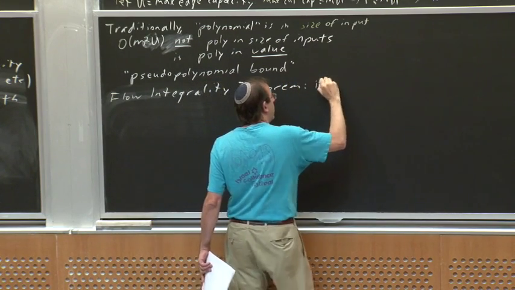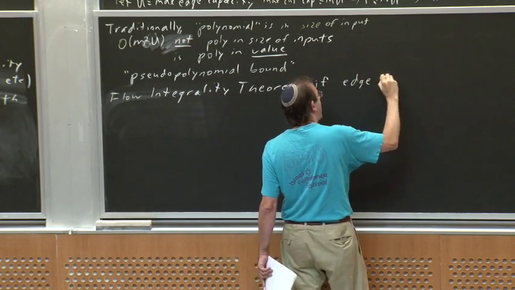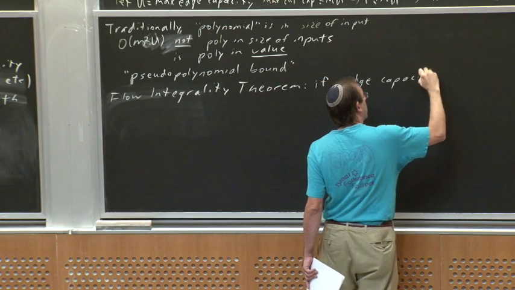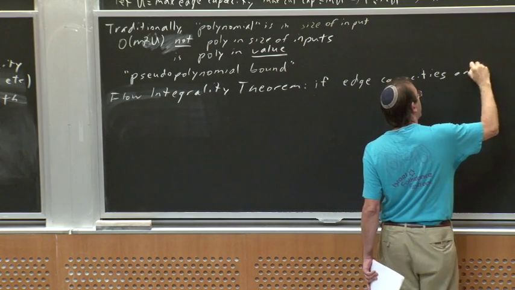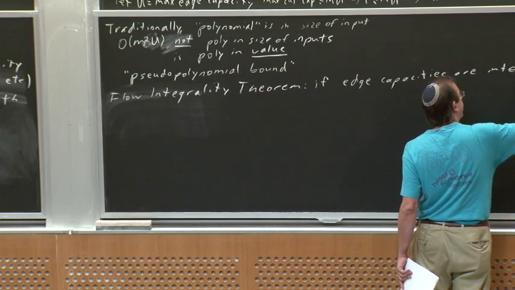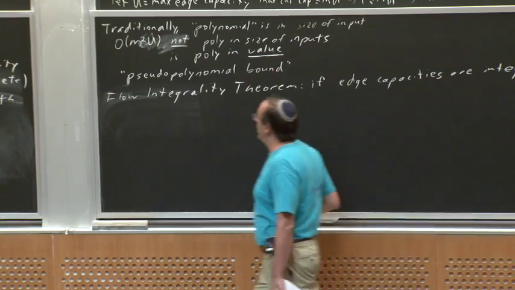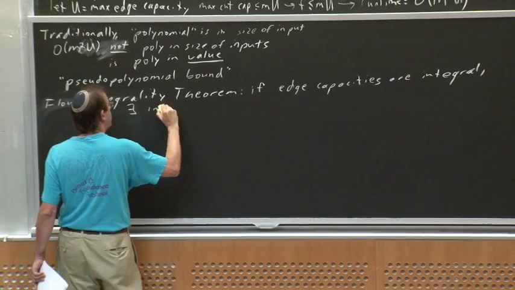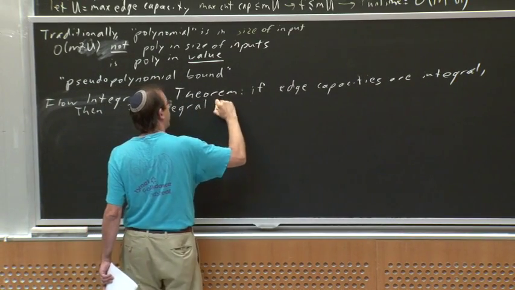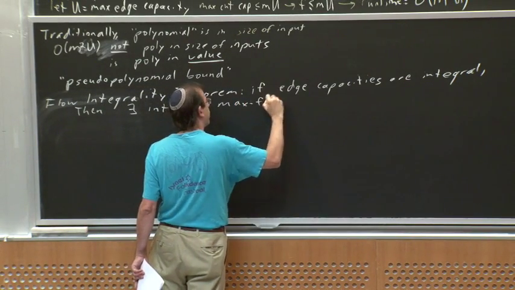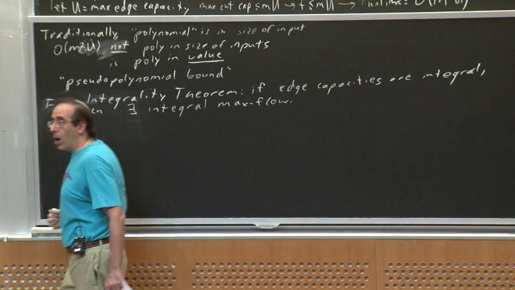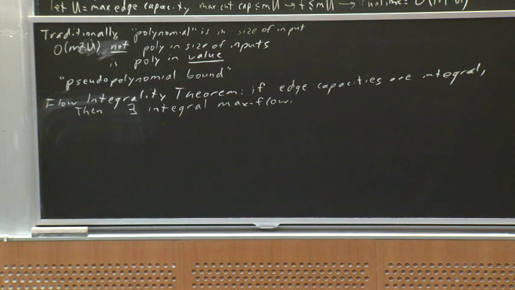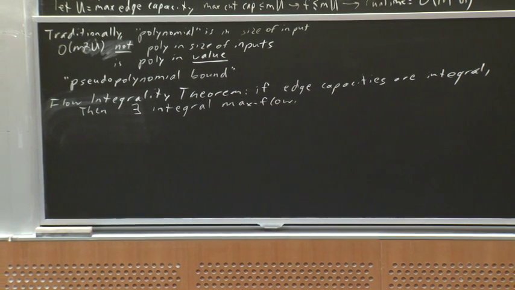Which says that if the edge capacities are integral, then there exists an integral max flow. A flow where all the flows on edges are in fact integers.